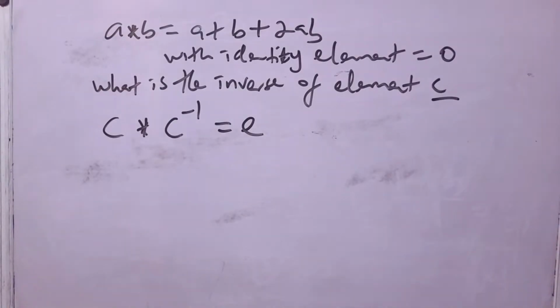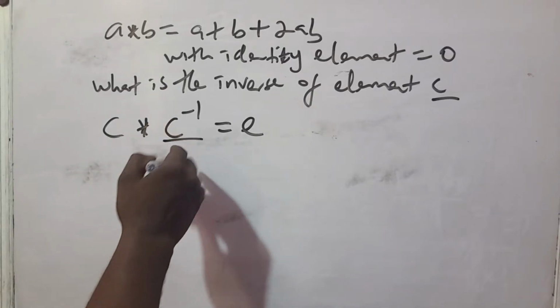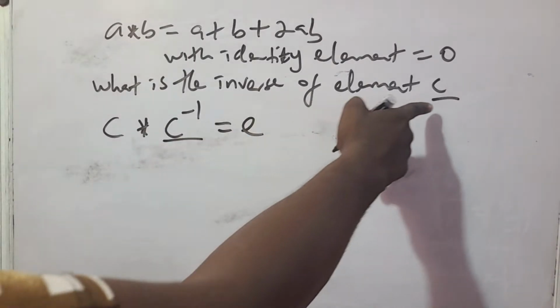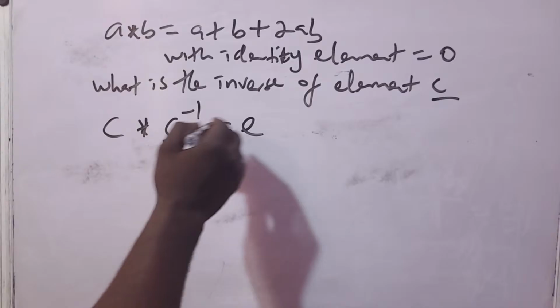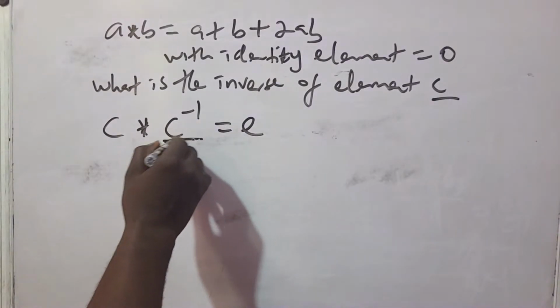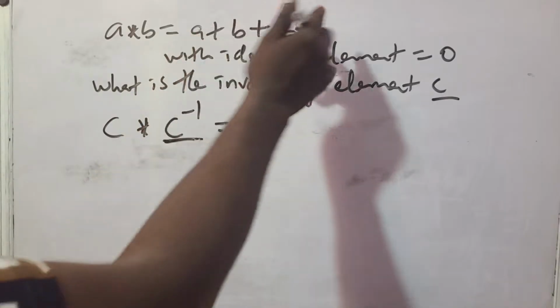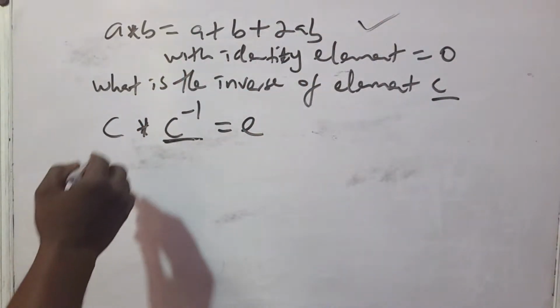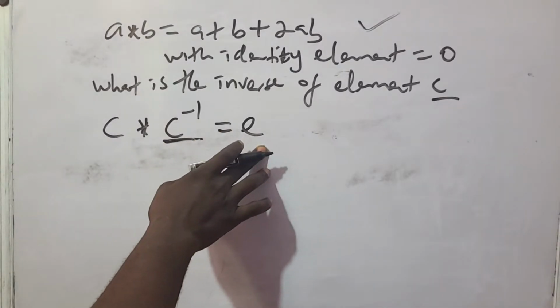So this is quite very simple. This is the inverse you are looking for. You have your identity element. So obviously, to get this, you need to fix this using the original expression on which it is defined. So C star C inverse should give us E. That's the basic.